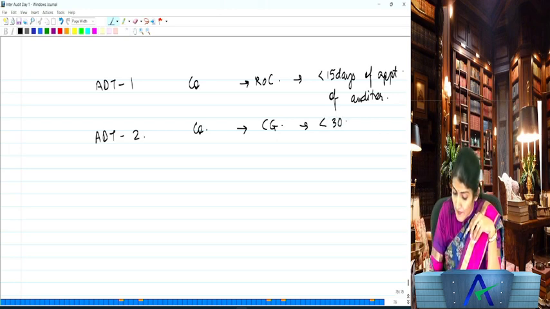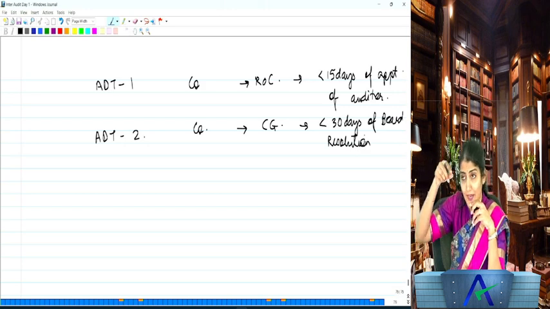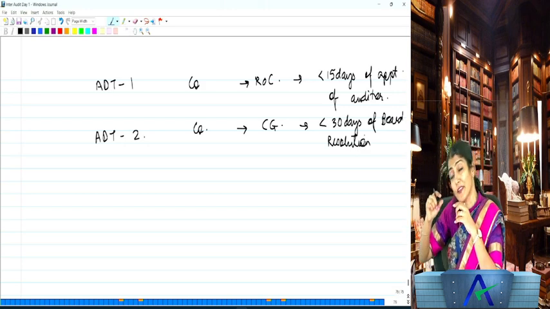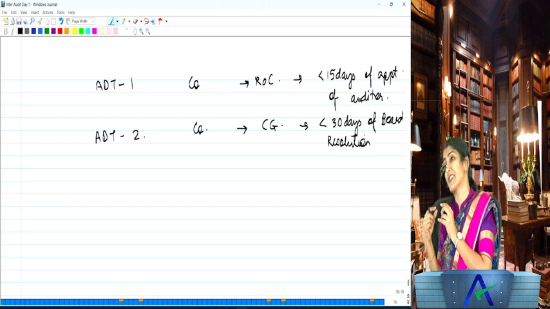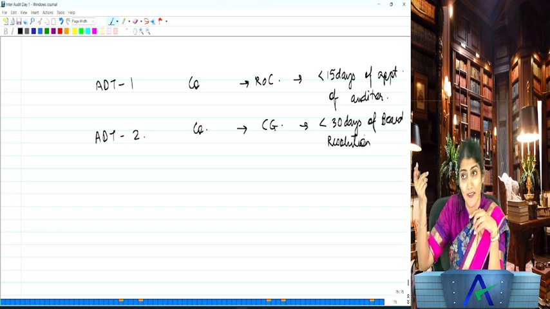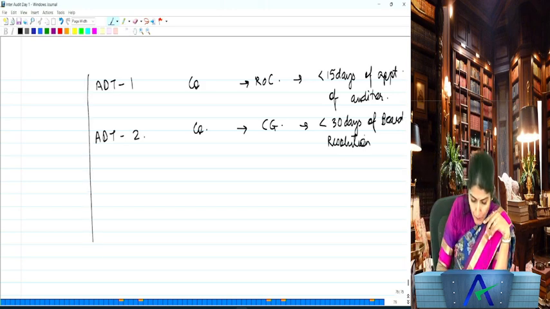It has to be filed with the CG within 30 days of the board resolution. You make an application to CG, then you get approval of CG. After approval of CG, within 60 days, you pass the special resolution. But the application to CG has to be made within 30 days of the passing of the board resolution.